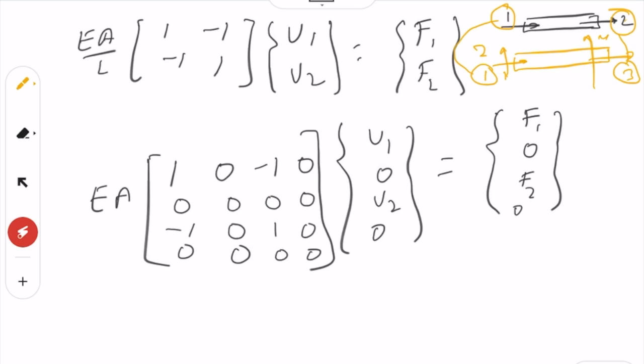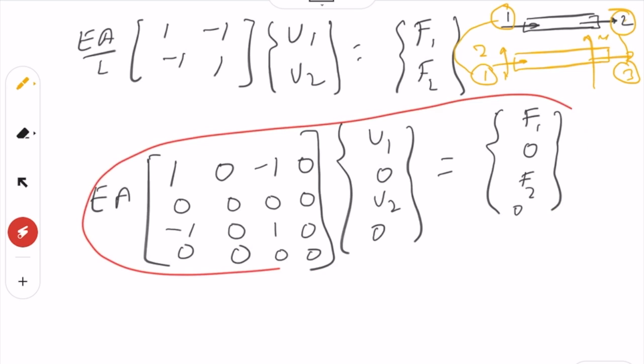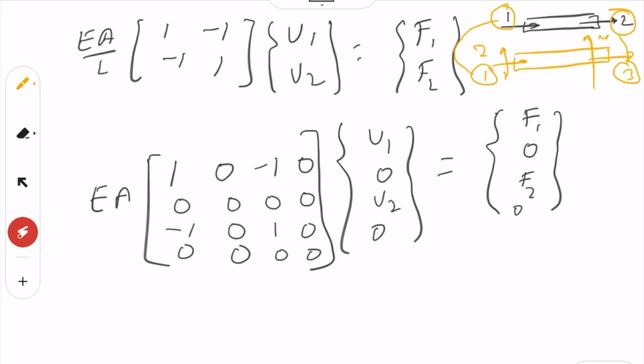In any way, what you got here is the same equation, this equation only, which is written assuming only 1 degree of freedom per node.